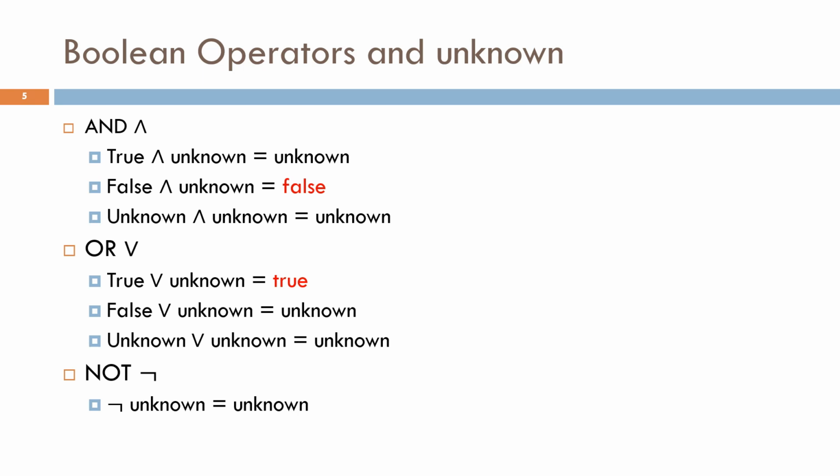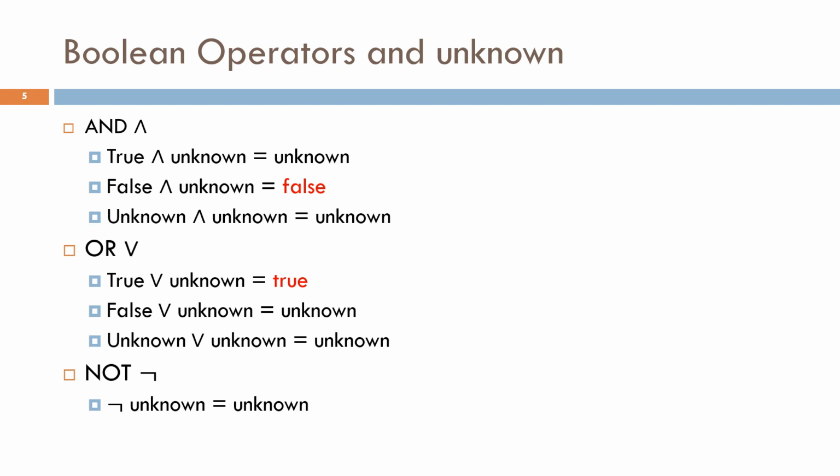True and unknown will equal unknown. When we combine true with unknown using AND, the result is unknown. When we don't have all the information, we cannot say it is true or false. False and unknown will equal false.